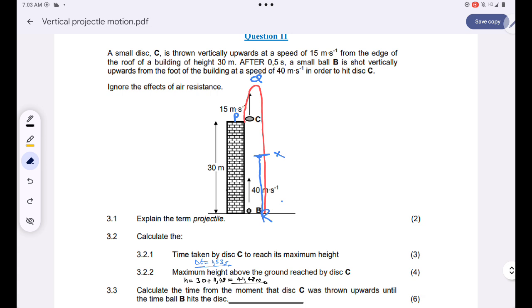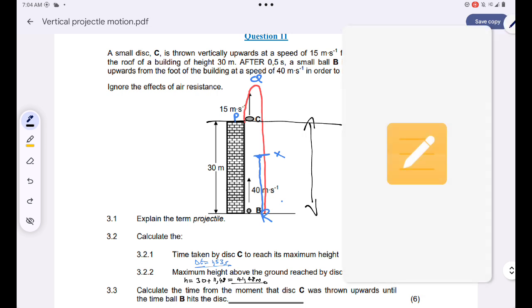Okay. There are things I want us to notice over here, guys. This is the highest point of the building, ne? Which simply means that this distance over here is 30 meters.